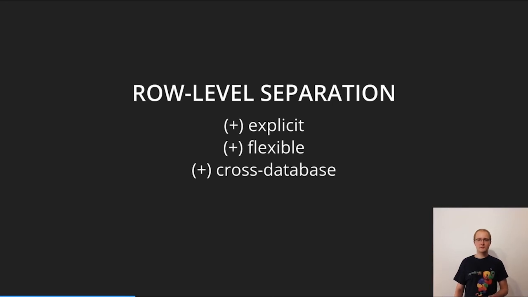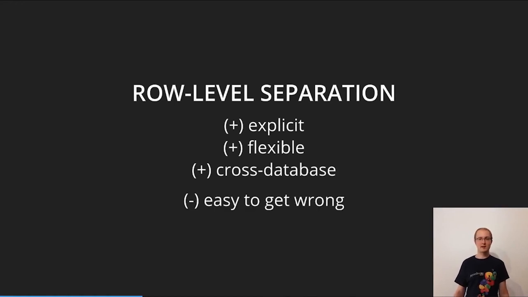Row level separation is very explicit. You explicitly see in your code base what belongs to which tenant, where we have separation, where we do not have separation, and it's very readable. It's very flexible. You can easily switch to doing queries across multiple tenants or all of the tenants, and it works on every database that is supported by Django.